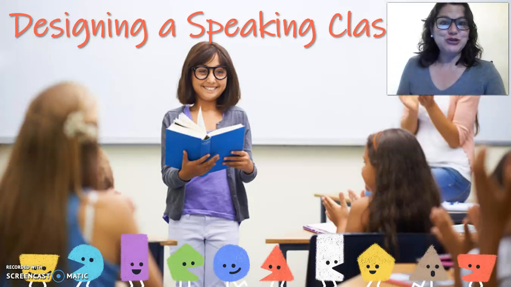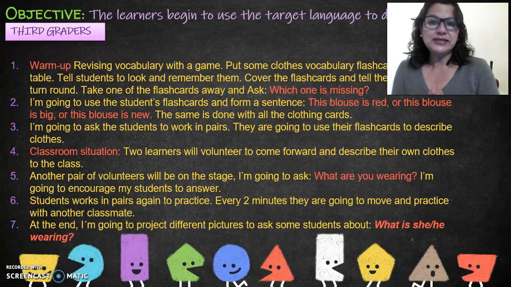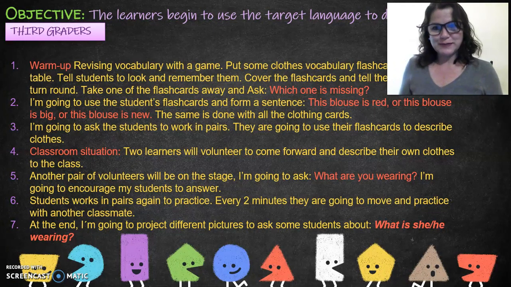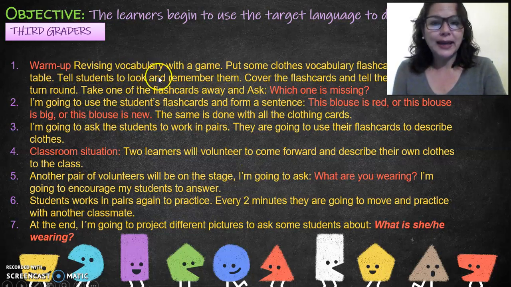Now, let me show you the class I designed today. The objective is that the learners begin to use the target language to describe clothes. For a third graders class. Warm up. We're going to revise the vocabulary with a game. I'm going to put some clothes vocabulary flashcards on the table.